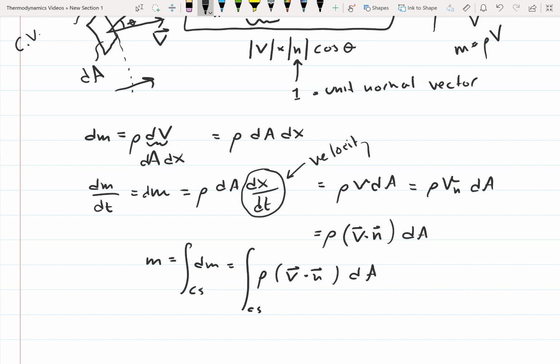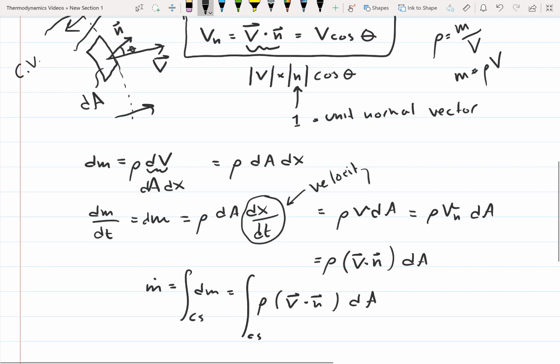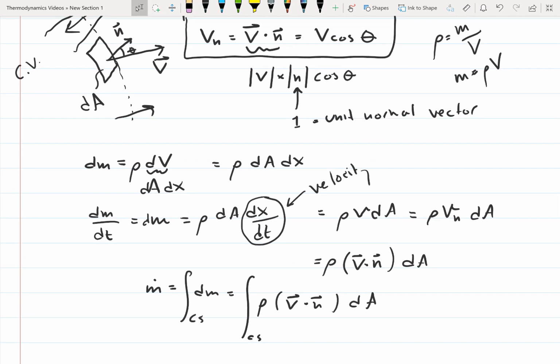So what this is doing is summing the mass over the entire surface. We're summing over the entire control surface, and we're adding up all of the mass that's flowing into or out of the control volume.